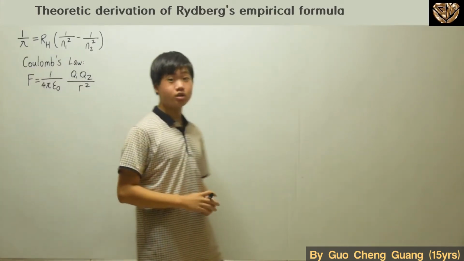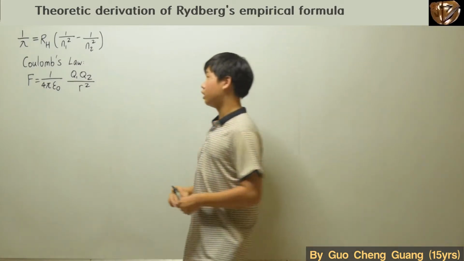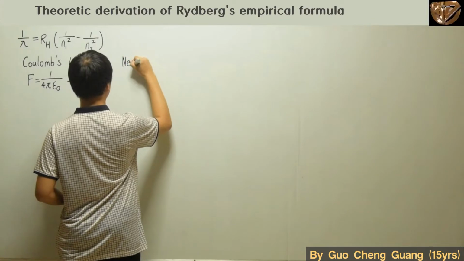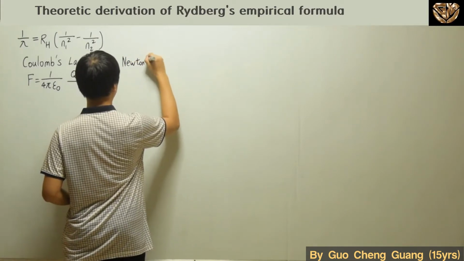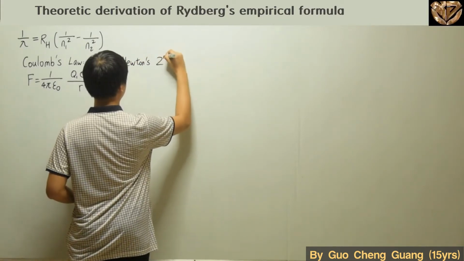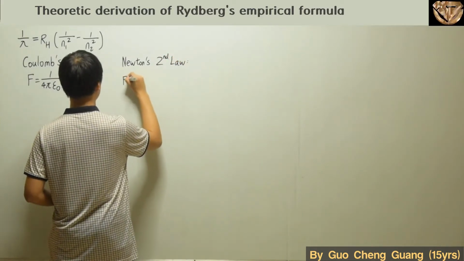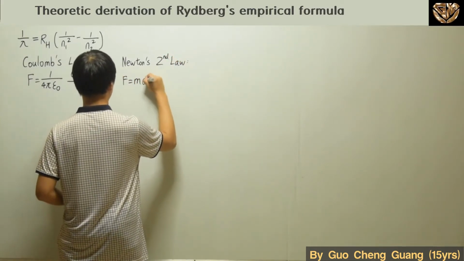Alright, so this is your Coulomb's law. And now, your Newton's second law, which is of course simply F equals ma.